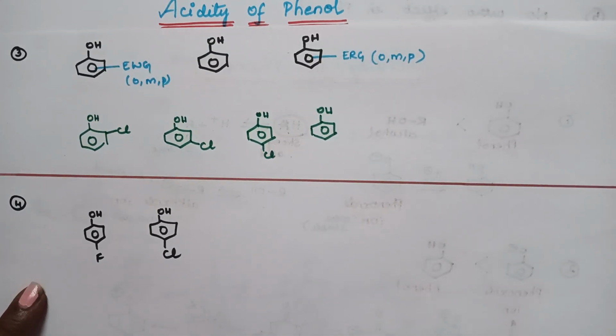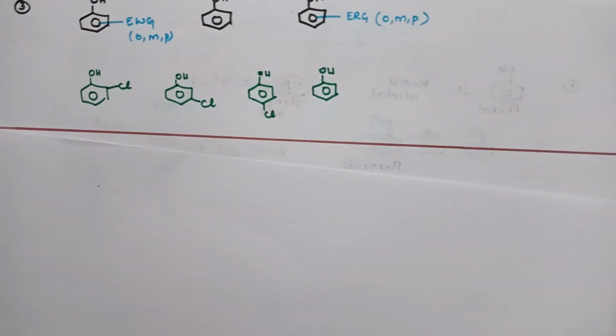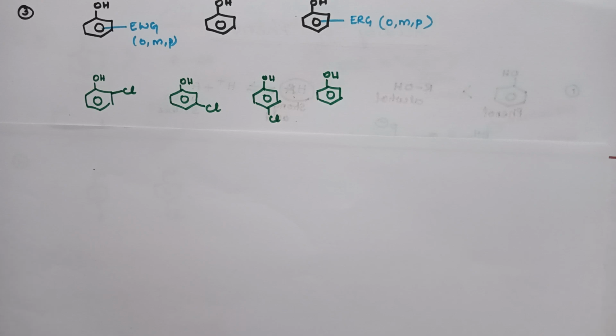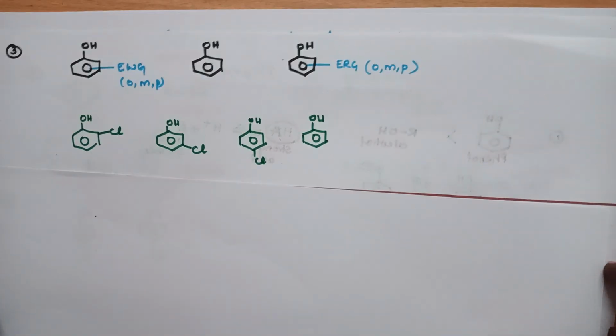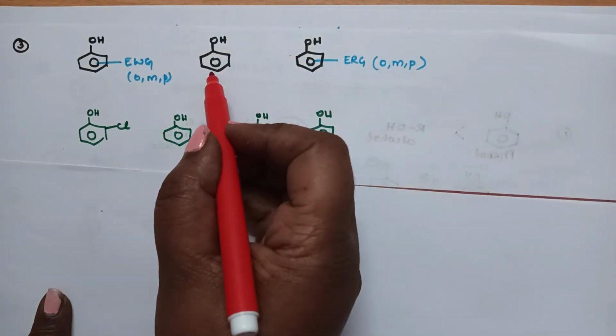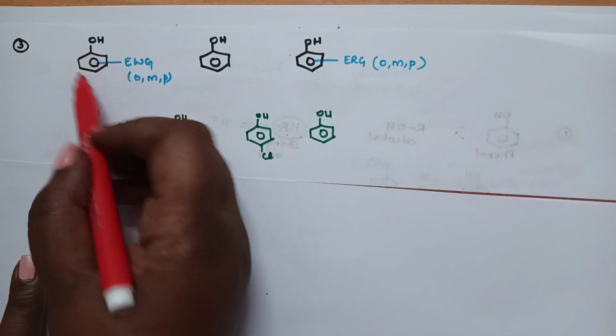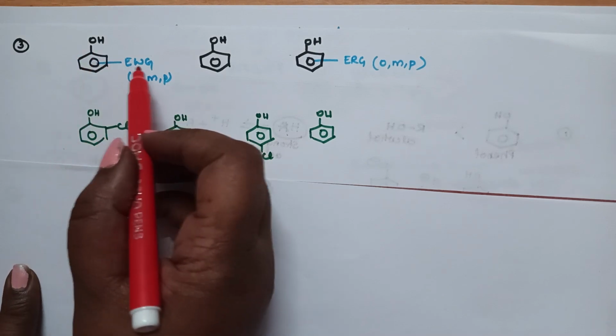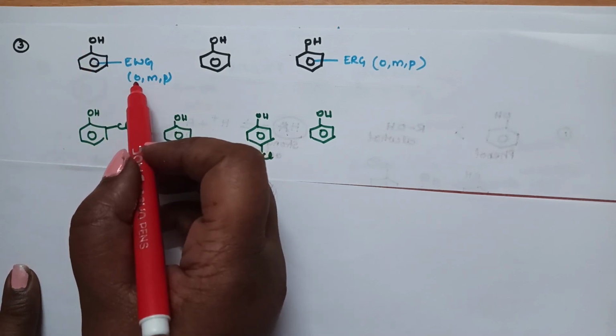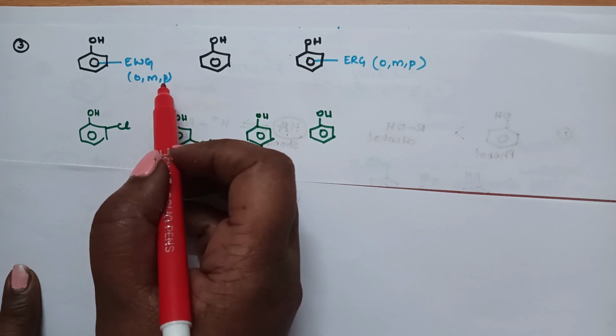Third point, so this is phenol, and to the phenol we have attached electron withdrawing group. It can be at ortho position, meta position or para position.